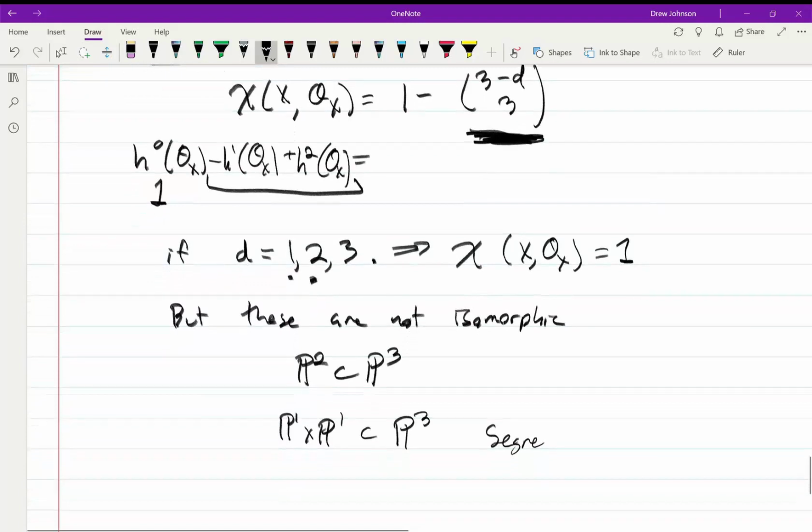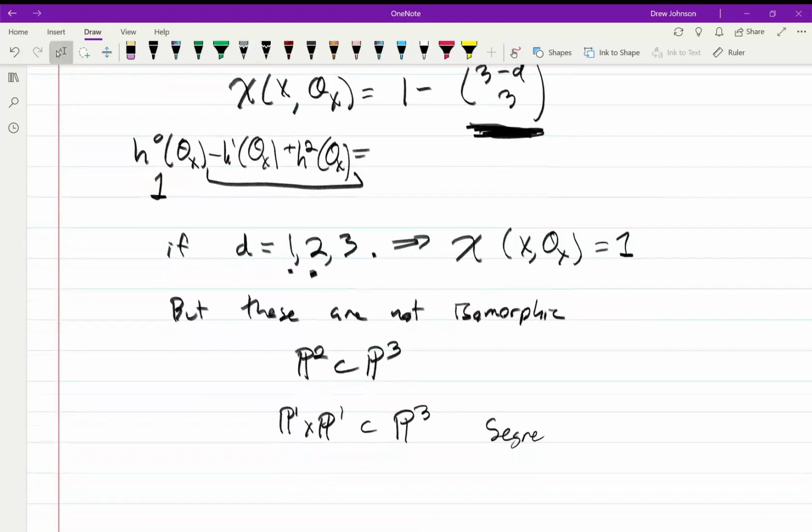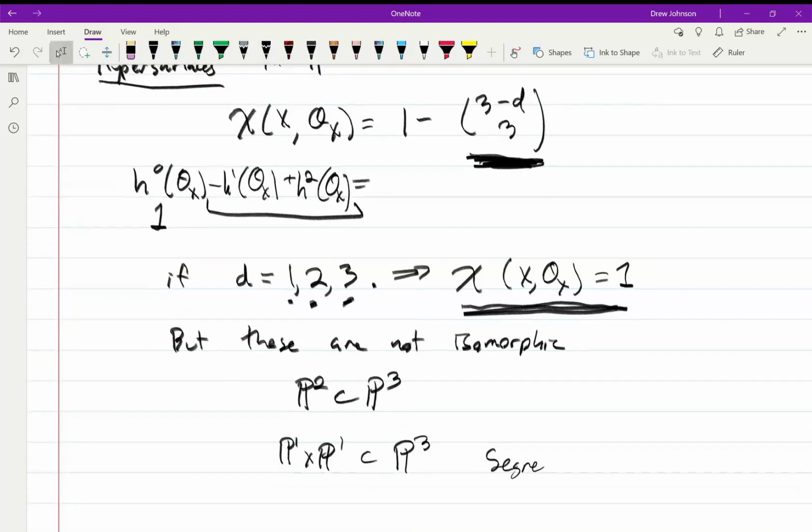I think we already saw that's a hypersurface of degree 2. For degree 3, we haven't said too much about it, the cubic surface. We skipped this section on the cubic surface. It has 27 lines, so that's an interesting example. But of course, P^2 has an infinite number of lines. Anyway, these turn out to not be isomorphic, but the Euler characteristic cannot help you tell them apart. If d is bigger than 3, then I believe the Euler characteristic will distinguish all the other ones.